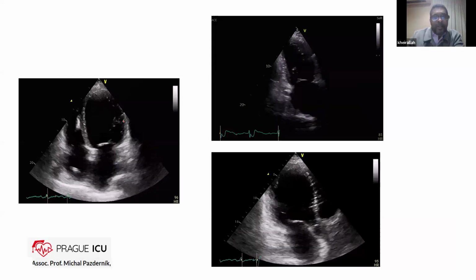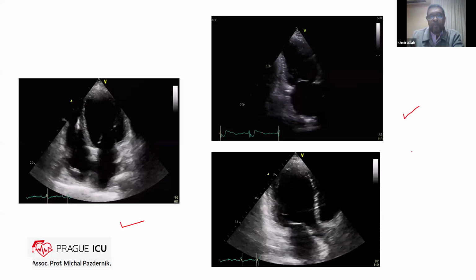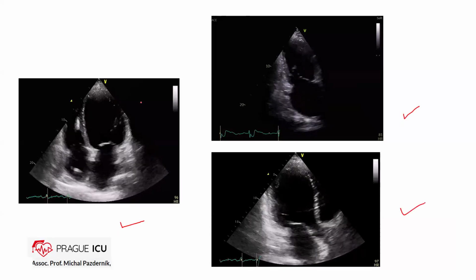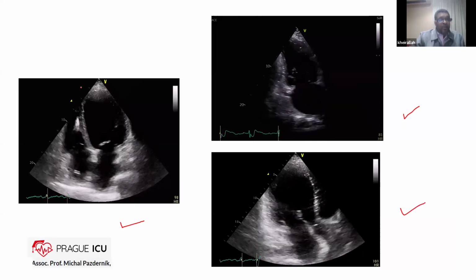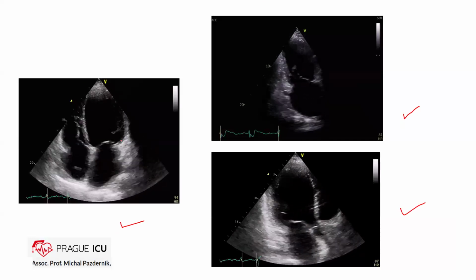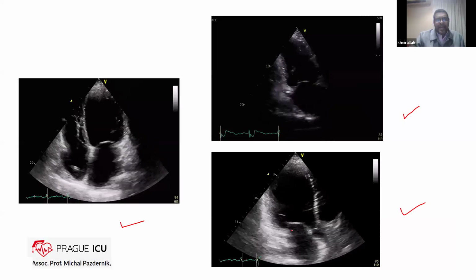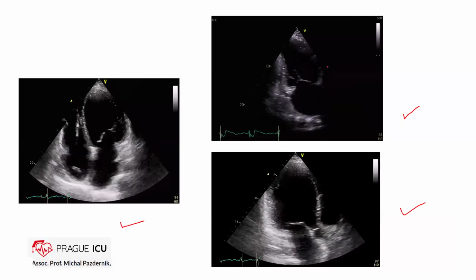Okay, what do you think about this? Apical 4, apical 2, and apical 3. Akinesis. Yes, you're right. Yeah, it is akinetic in the apex and again, it is severely hypokinetic globally.